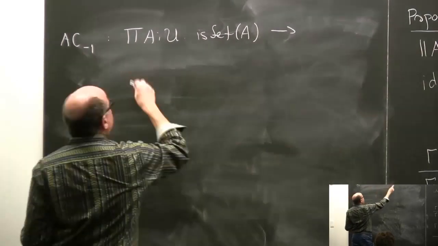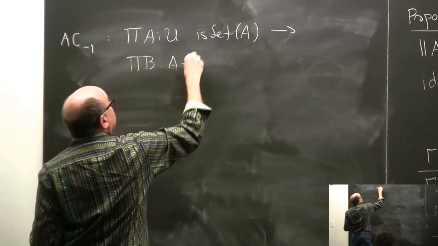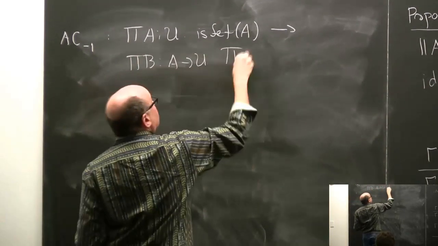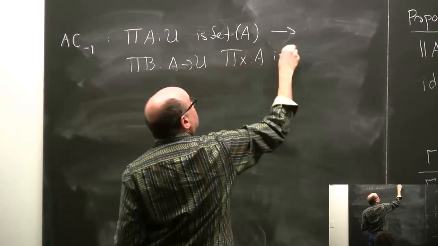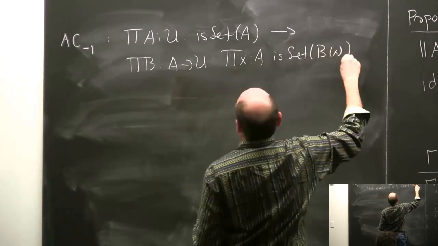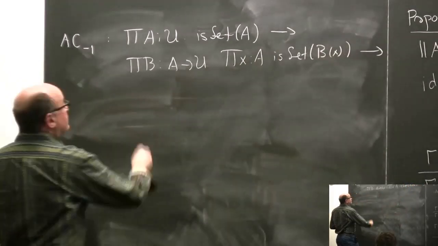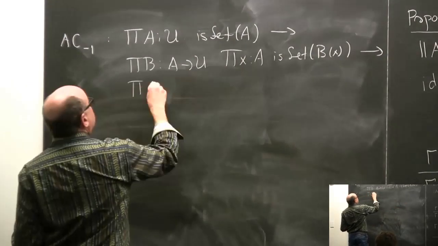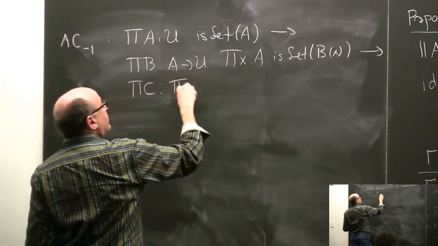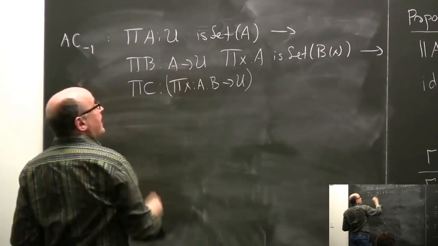So I say, if A is a set, and you give me a family of types with the property that for every x in A, each of those types is a set. So now that's the quantification prefix. And you give me a relation, which I described there as pi x in A, B arrow U, right, that.